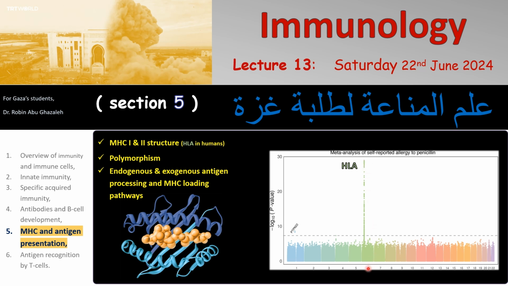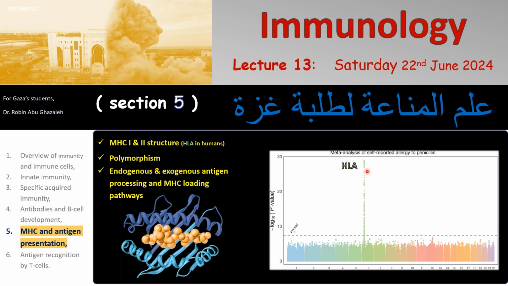When we come to chromosome 6, which is where the HLA genes are found, we find a whole number of polymorphisms. Each dot represents a specific polymorphism, which is massively correlated to the thing being studied, which in this case, from this recent paper, is self-reported allergy to the antibiotic penicillin.